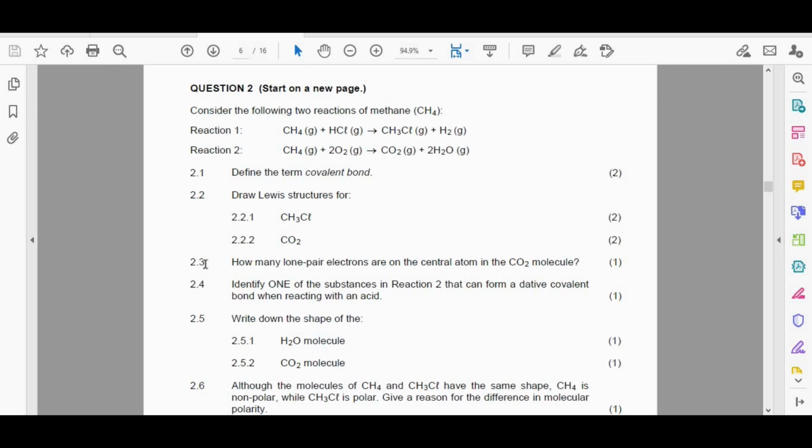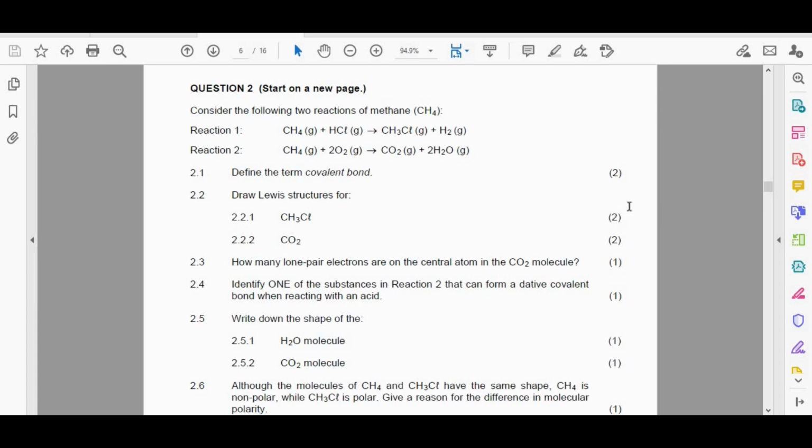At 2.3, not a trick question, but how many lone pairs are on the central atom in CO2 molecule? Now take note, on the central atom. You need to know which atom is in the middle. Identify one of the substances in reaction 2 that can form a dative covalent bond when reacting with an acid.